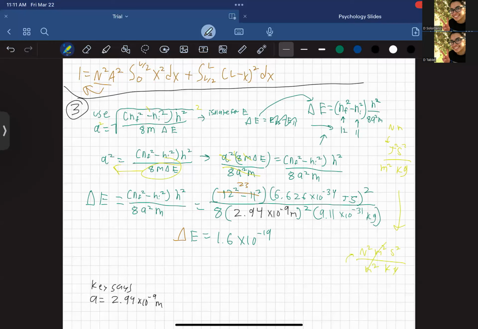I believe newtons are m a, kilograms meters over seconds squared, which gets rid of one of the seconds squared and one of the kilograms. Which gets us kilograms meters squared over seconds squared, which is joules. No, which is newtons, which is what we expect for energy. So that's good.